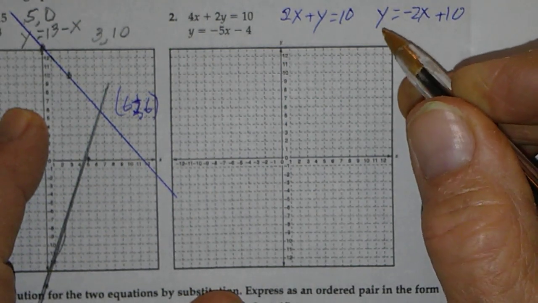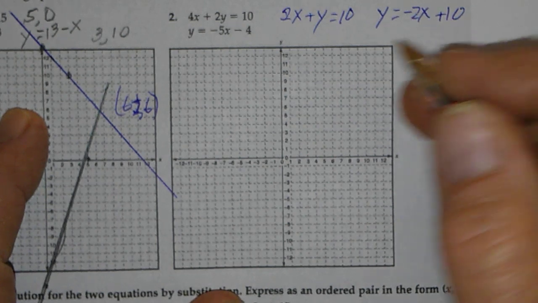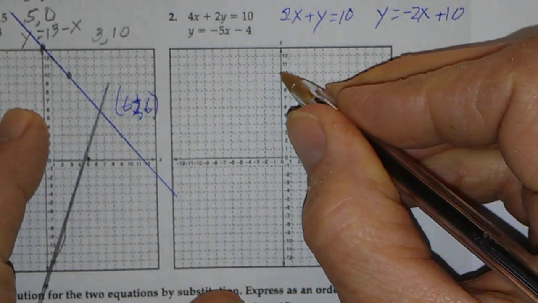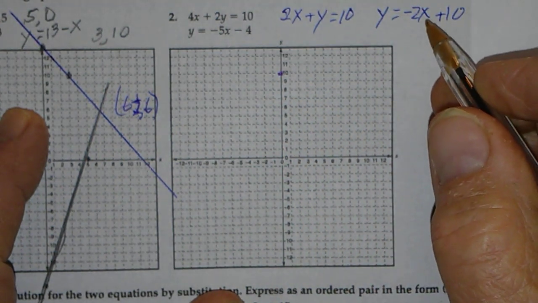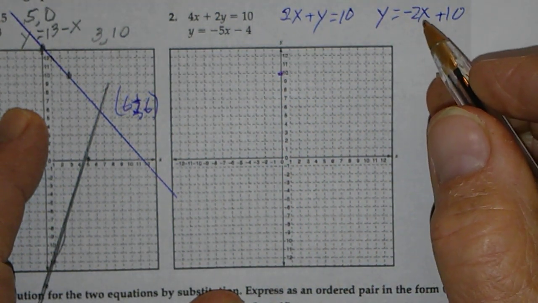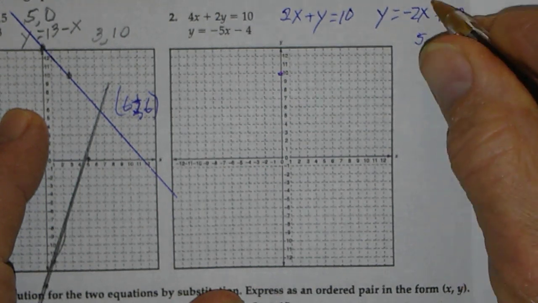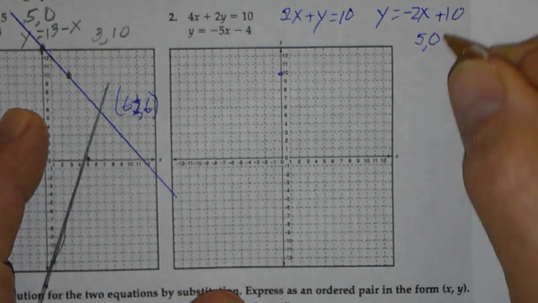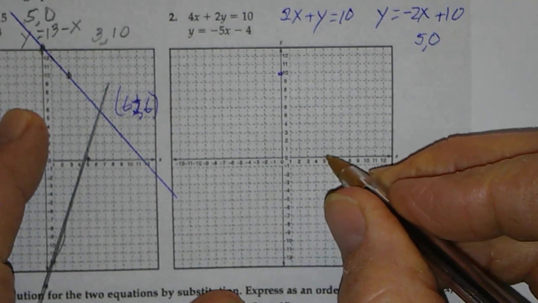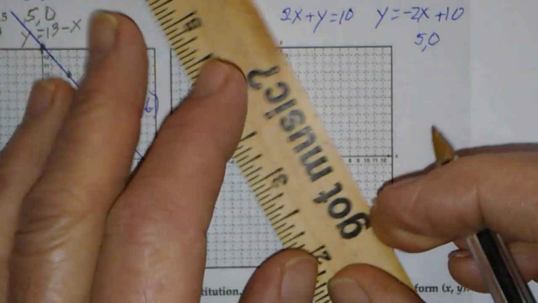That gives me a y-intercept of 10. And let's say I put a 5 in here: 5 times minus 2 is minus 10 plus 10, I get my 0 again. I like that, 5 comma 0. So there's my first line.